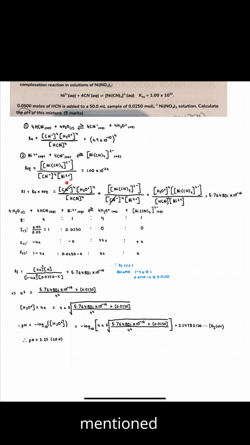And you can see what I mentioned here, this CN- to the power of 4 in our Ka actually cancels out with this CN- to the power of 4 here. So as a result, this simplifies our equation because CN- is an unknown, and if we cancel that out, we've canceled out an unknown that we don't have to solve for. And now we're given this new constant for Kf.